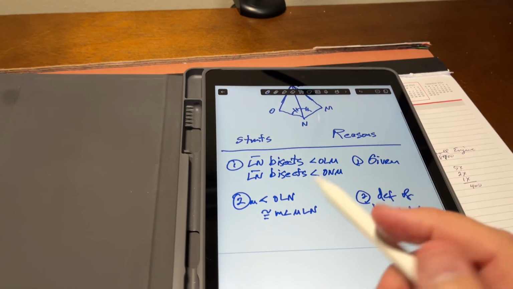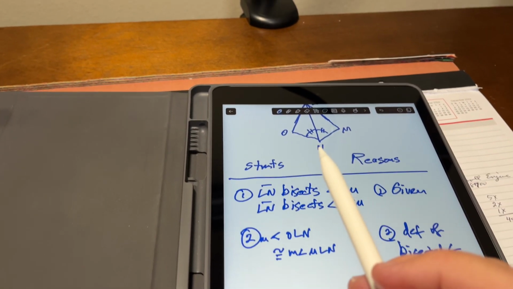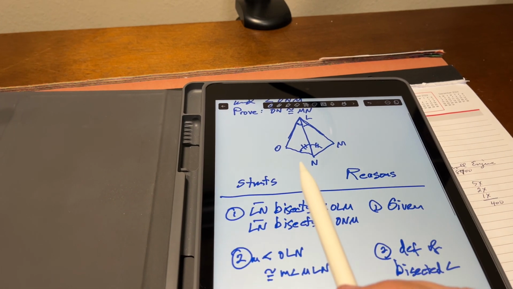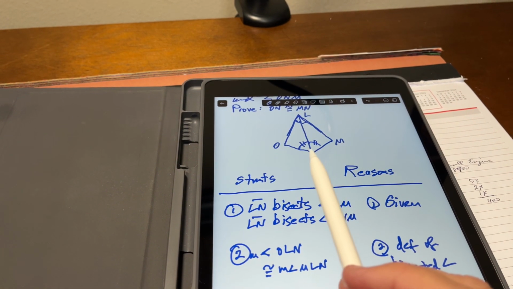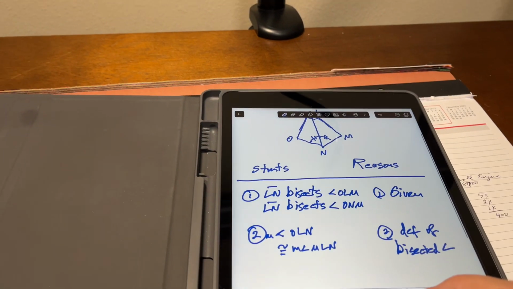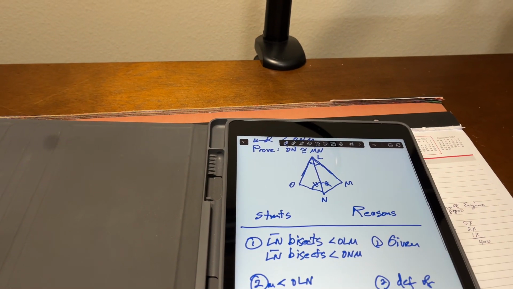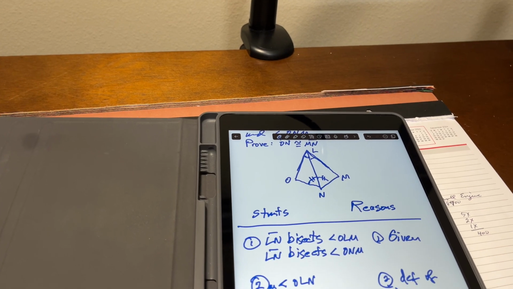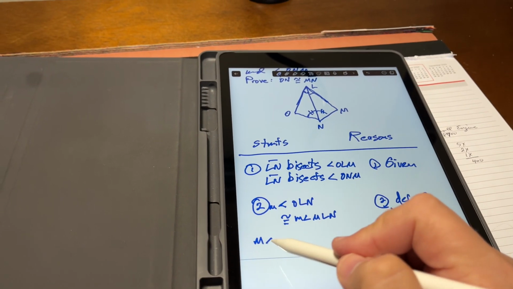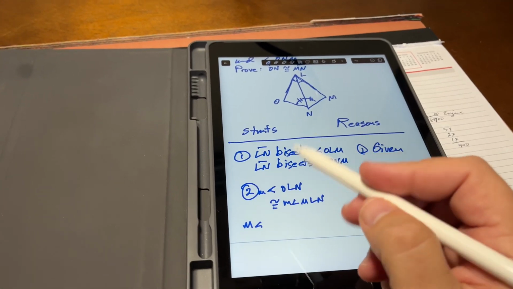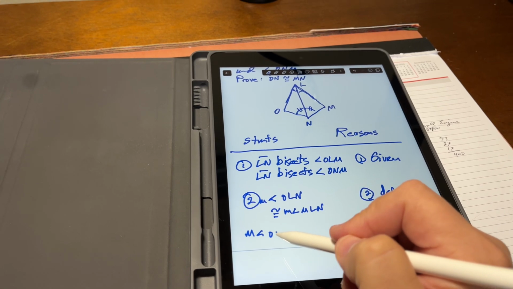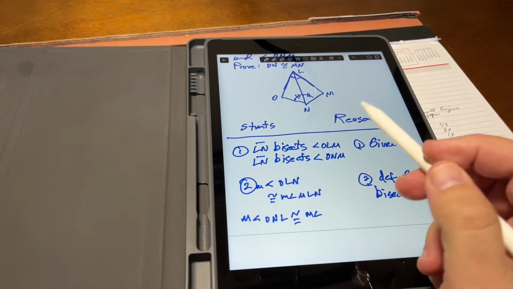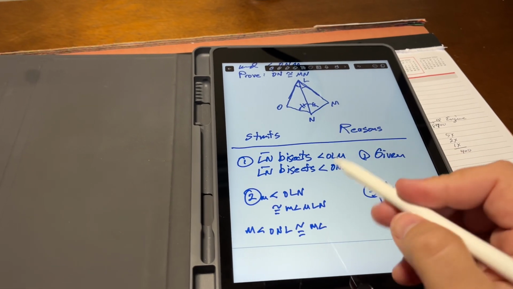And I could also include underneath that number 2, this angle down here, because it told me that this angle N was bisected as well. So I could go ahead and state that as well. I could say that the measure of angle ONL is congruent to the measure of angle MNL.